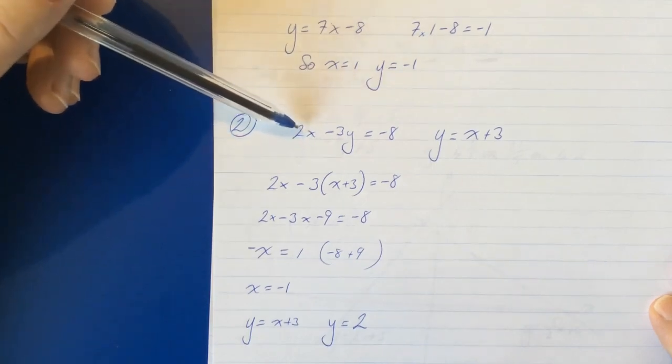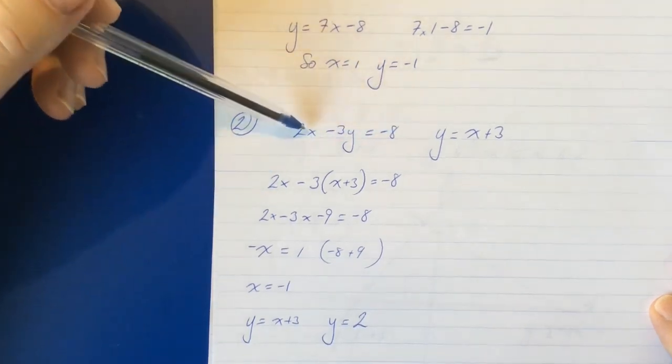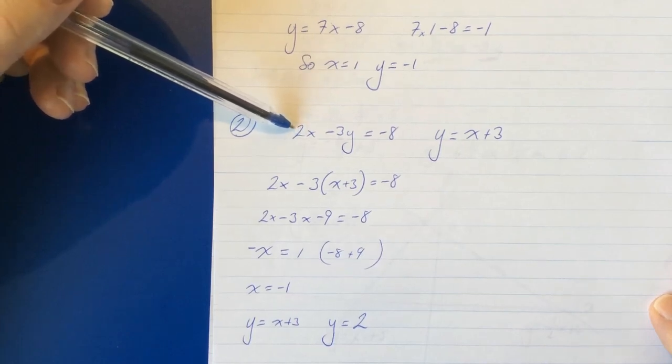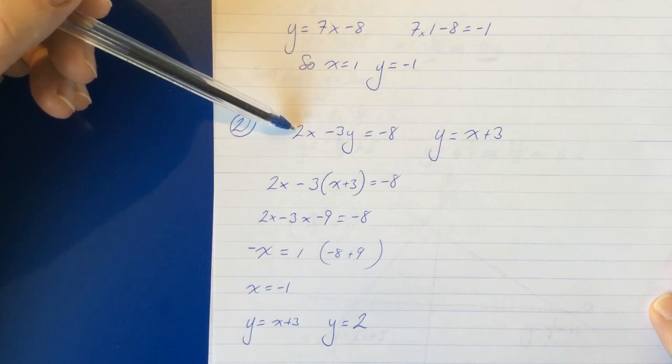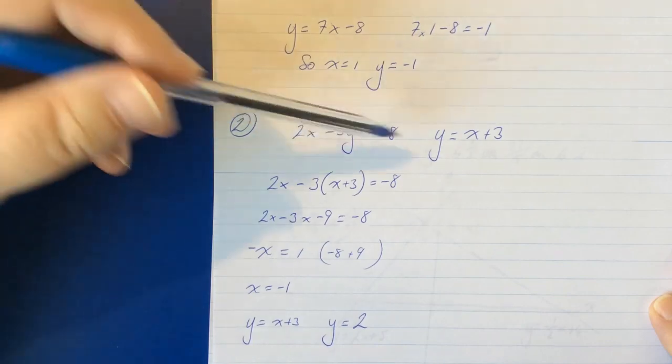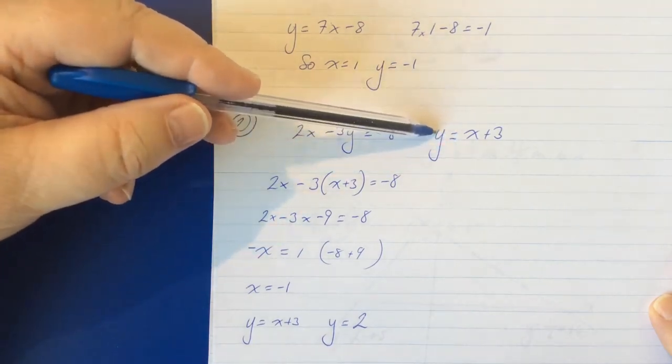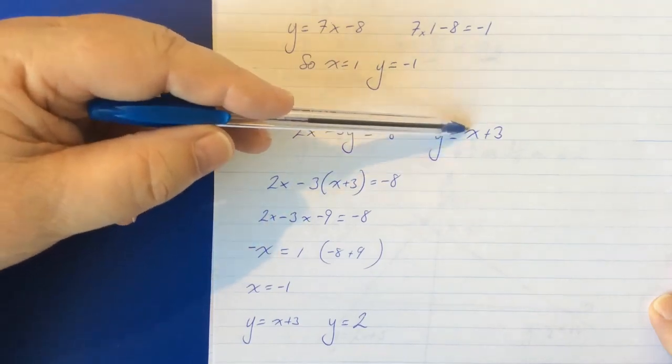Again, it's going to be substitution, but as you can see, these equations are not written in such a way that you could call convenient. Right, so what do we do? Well, we've got an expression here for y. y is equal to x plus 3.